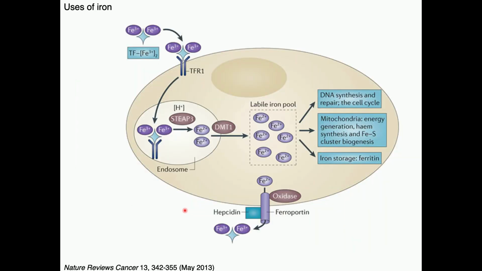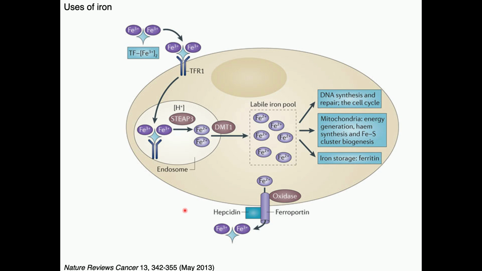Okay, so the transferrin, when it is bound to two molecules of ferric iron and going through the blood, will interact with transferrin receptors on cells that need iron. And what cells need iron? All cells, right? Except, I guess, a red blood cell that's mature and not doing any more protein synthesis.